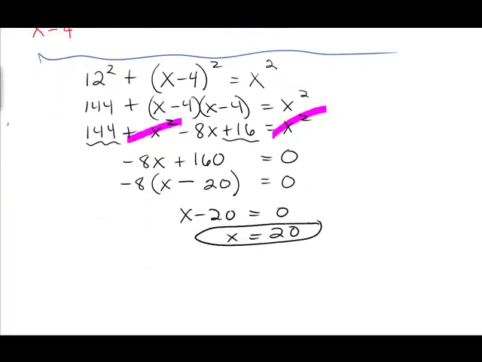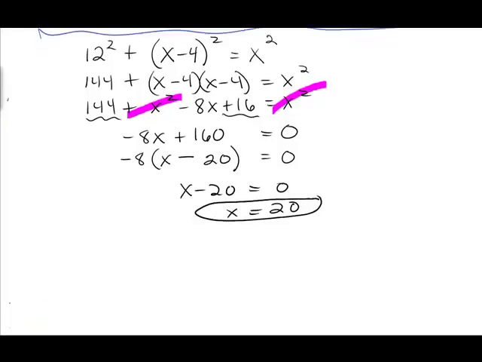Then always check and see if you've answered the question that they asked. It says find the length of the ladder, and x was the ladder. So the length of the ladder is 20 feet. Checking it, a equaled 12, b is 20 minus 4, which is 16, and c is 20.